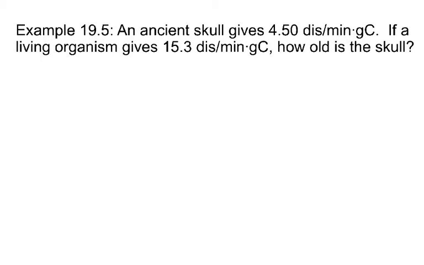So let's work through an example here. An ancient skull gives 4.50. This is just basically units of radiation. If a living organism gives 15.3, how old is the skull? We're going to solve this the same way we did those other ones.